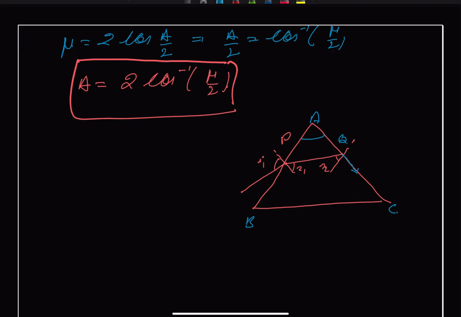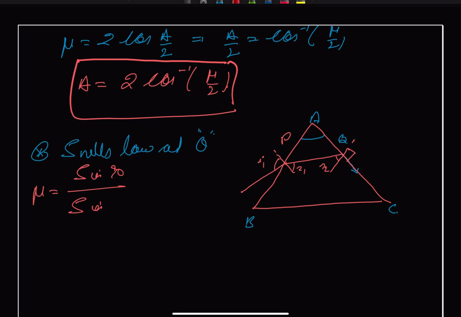So if we use Snell's law at point Q, we can write that mu is equal to, this angle will be 90, so we have sine of 90 divided by sine of R2.